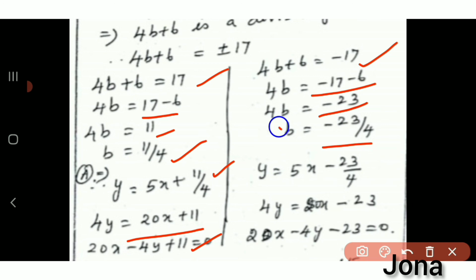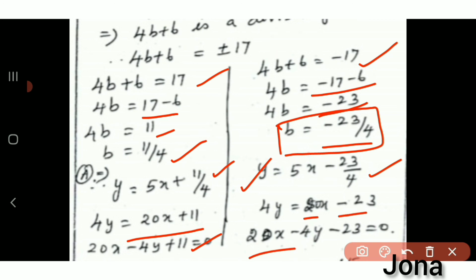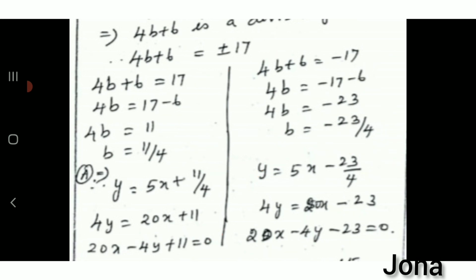Substituting this value of b, y equal to 5x minus 23 by 4. By taking LCM and cross multiplication, we have 4y equal to 20x minus 23. Taking everything to the left hand side, we have 20x minus 4y minus 23 equal to 0.